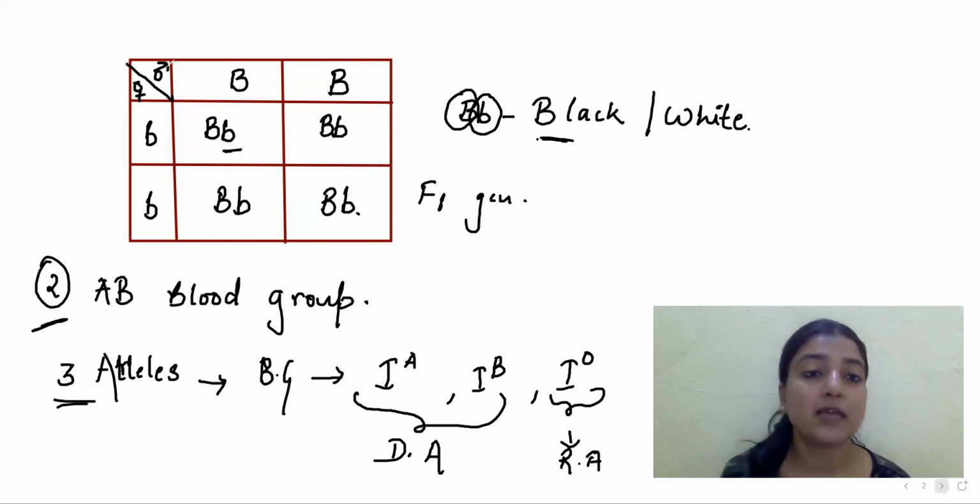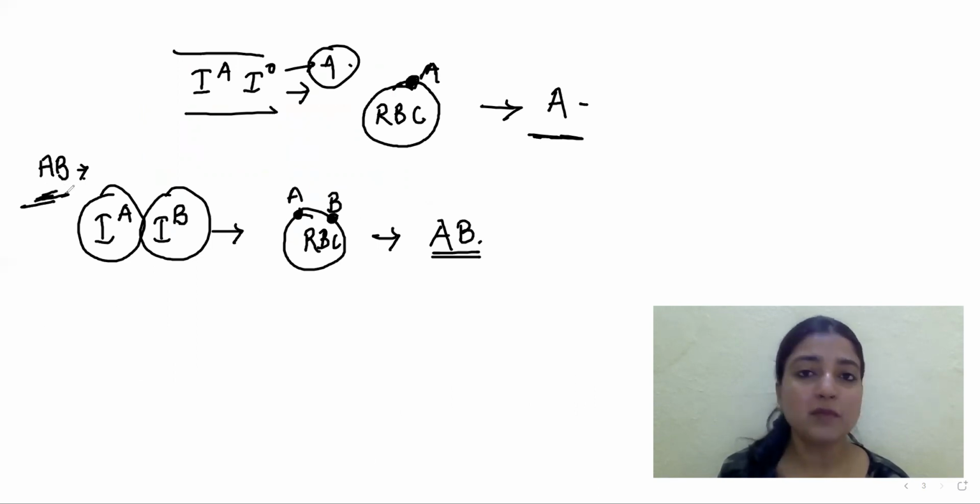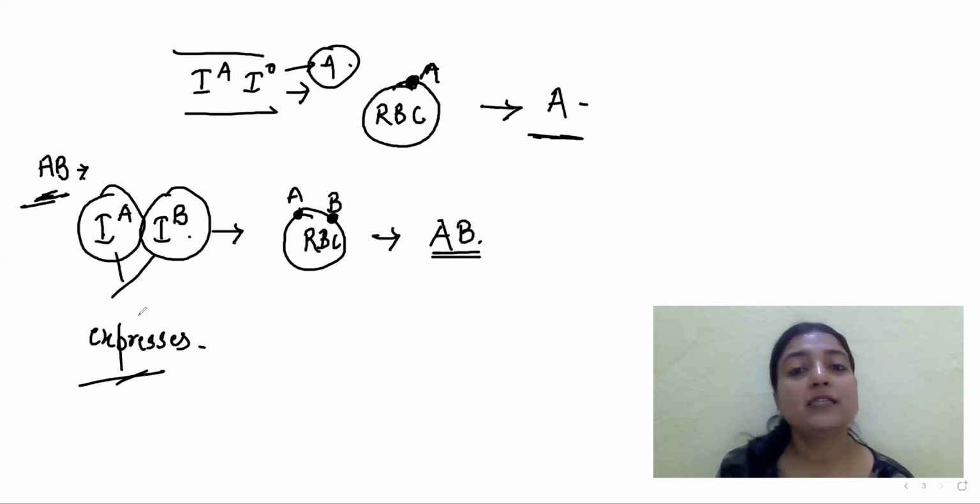If IAIO is present, the antigen made on the RBC is the A antigen, hence the person's blood group is A. Whereas if a person has AB blood group, it means the person has the alleles IA and IB, and both these alleles express themselves together, which makes it an example of codominance. On the surface of the RBC, both A and B antigens are present, hence making the person's blood group AB.